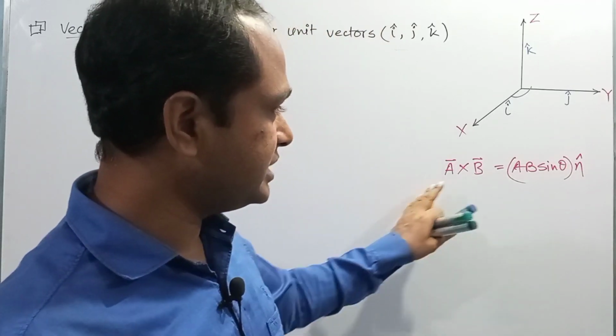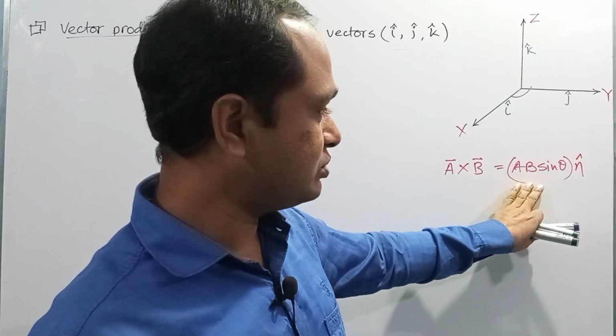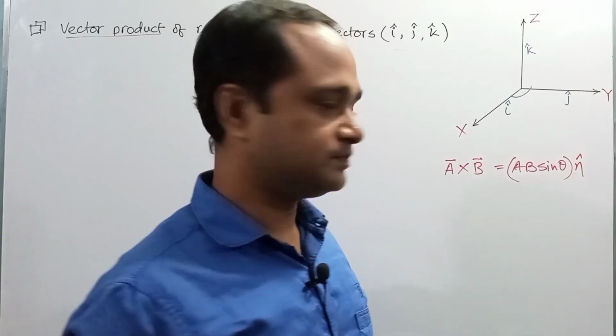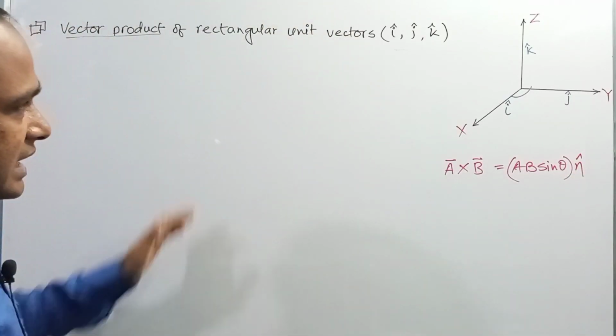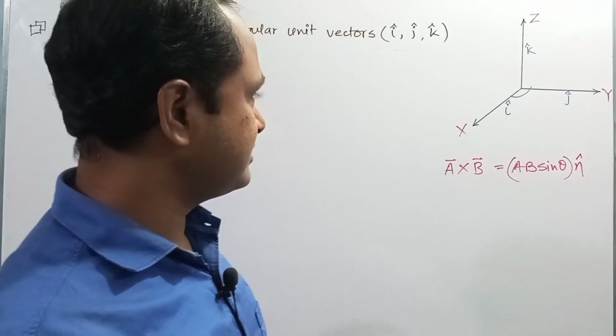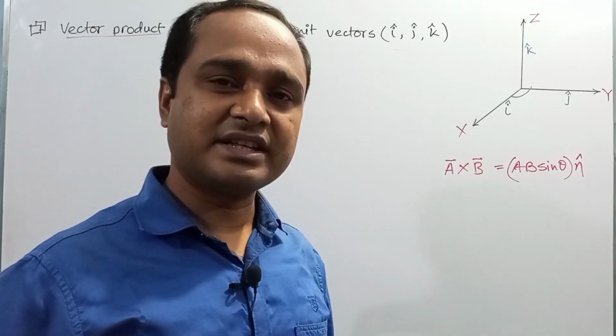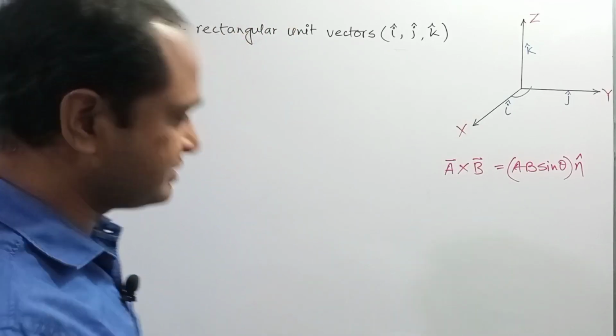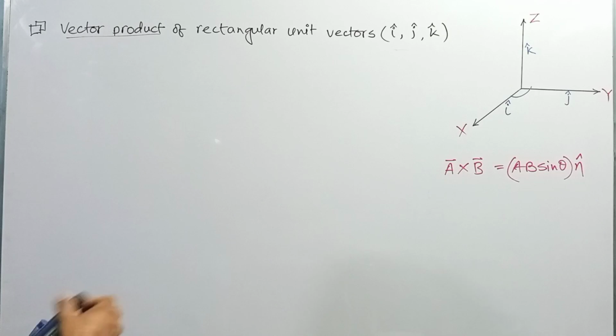Okay, so it has two parts, one is magnitude and the second one is direction. Now here i, j, k are also vectors, so the vector product is also applicable for the rectangular unit vectors i, j and k.